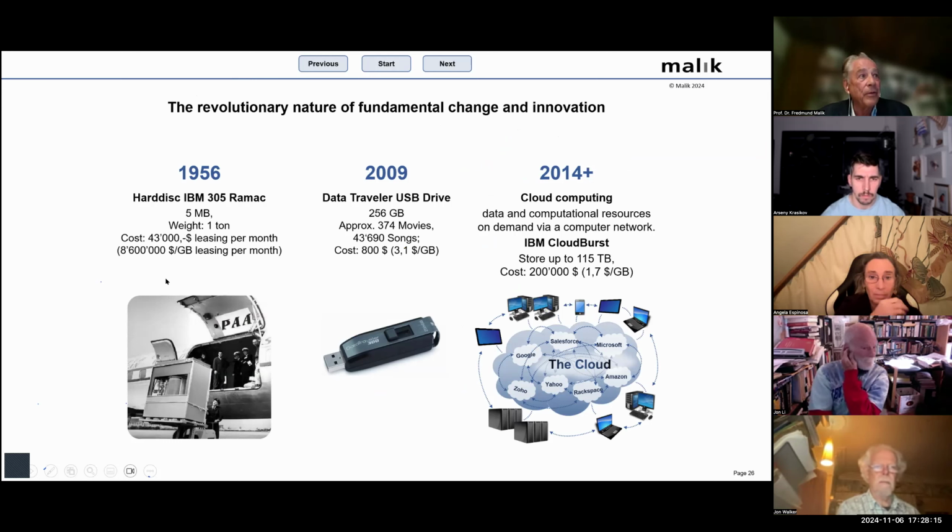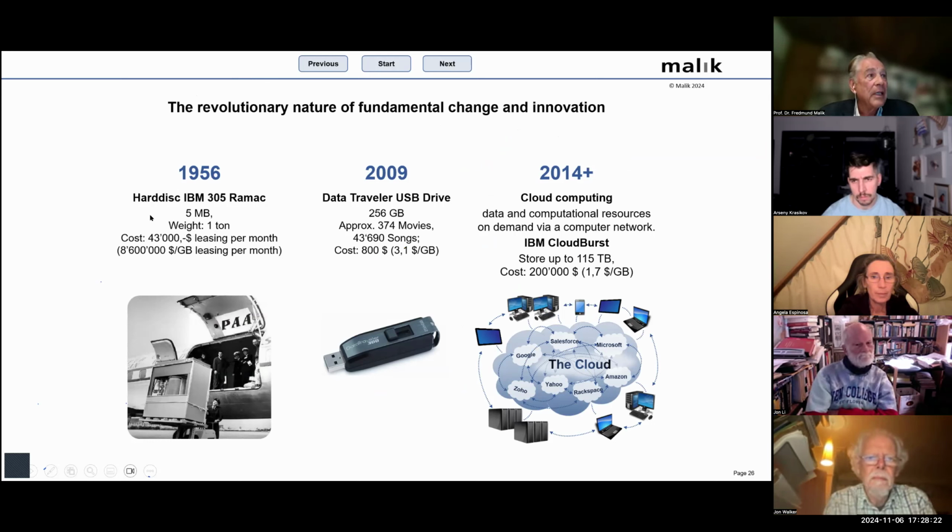1956, this wonderful hard disk, the IBM 305 RAMAC, you might remember it. Weight 1 ton, 5 megabytes, costs $43,000 leasing per month, which is $8,600,000 per GB leasing per month. So today, a data traveler USB drive, we have it all. Approximately 374 movies.